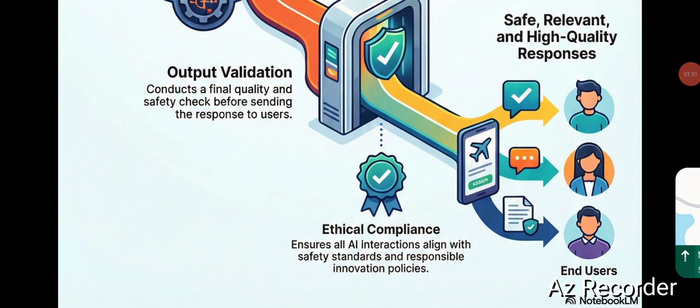The system has to be also safe, relevant, and provide high quality response. If there are too many such questions coming, and if the guardrail is not able to block, there would be the wastage of tokens, and also the solution will not be of good quality.